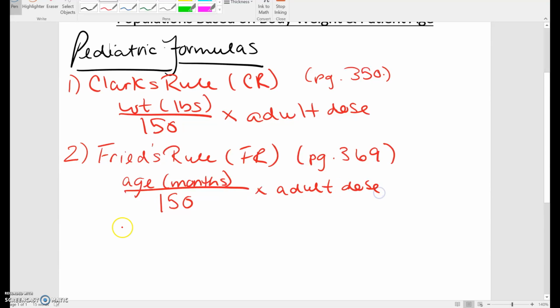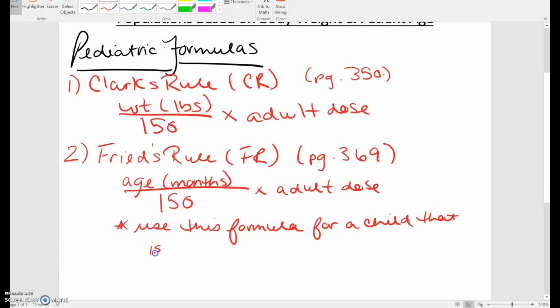But the key is you're only going to use this formula for a child that is 11 months or younger. All right. So if a child is 12 months, you're not going to use the Fry's rule.